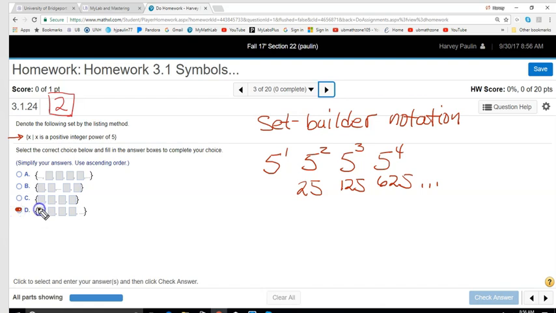So you would put 5, 25, 125, 625, and then your ellipsis. This would then be in roster notation. Once again, like this, set builder notation. Like this, roster notation.